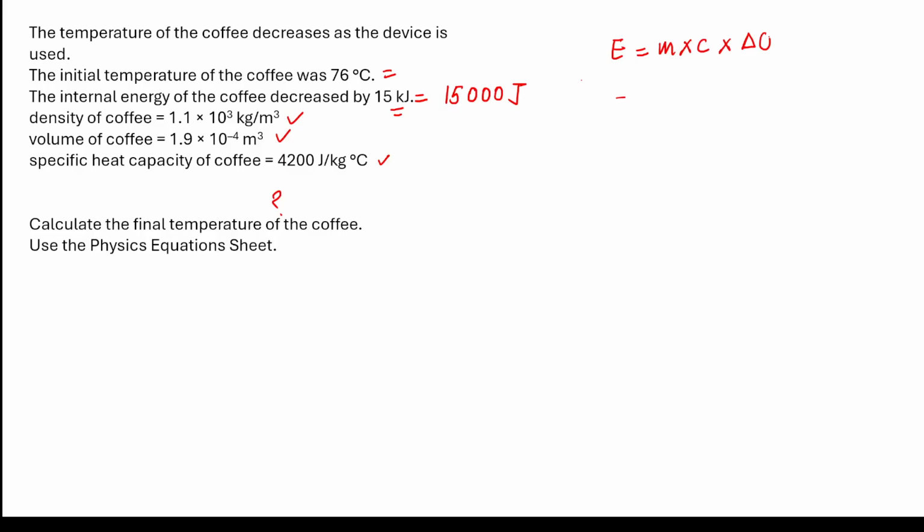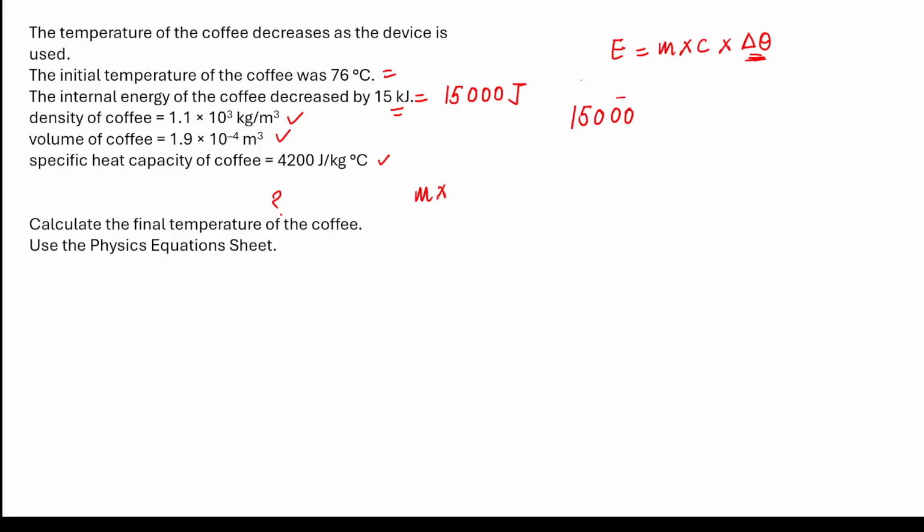So what can we do? We first calculate mass. Mass is equal to density times volume. Then we use the values, calculate the mass, and then we have specific heat capacity here, 4200.